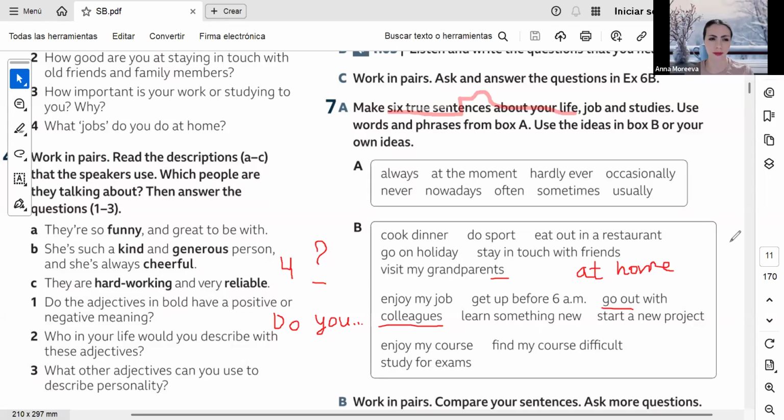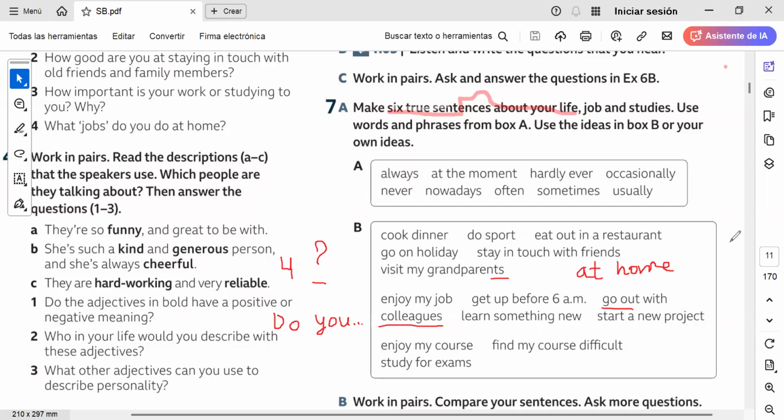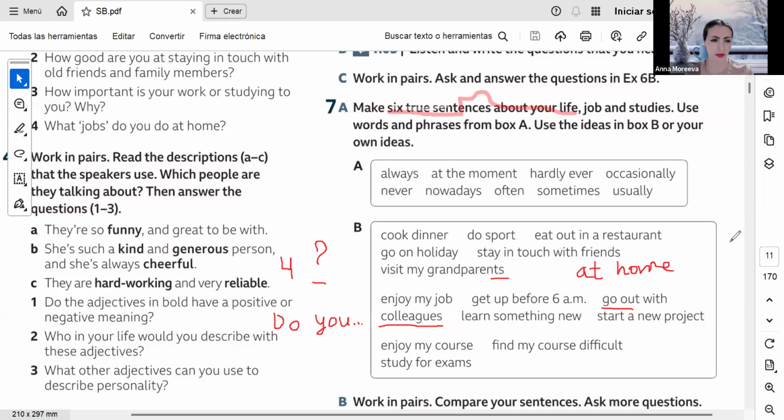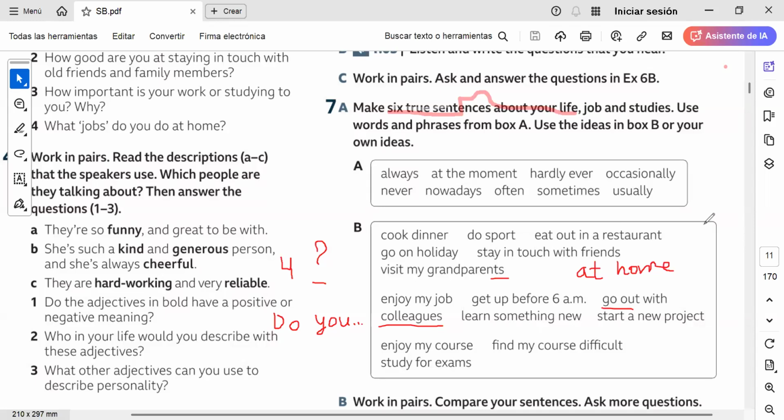Yeah, that's true. I hardly ever go out with my colleagues. Okay, thank you. Fabian, do you eat out in a restaurant? I eat out in a restaurant, usually with my friends or my family.